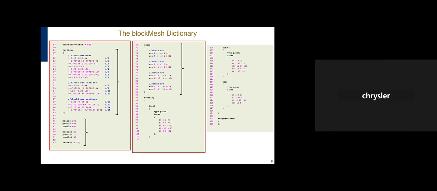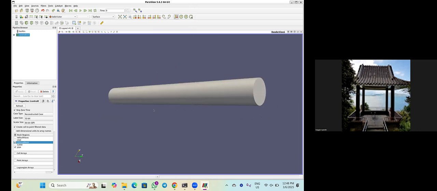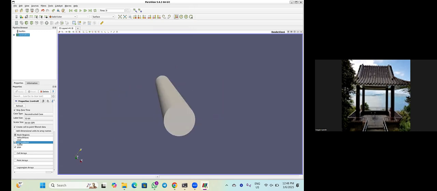Should we run blockMesh after we specify the boundaries? Yes, after you specify the boundaries, run blockMesh and we are done. But let's pick this up because I think it's getting late here. But if you want to complete it, that will be okay.